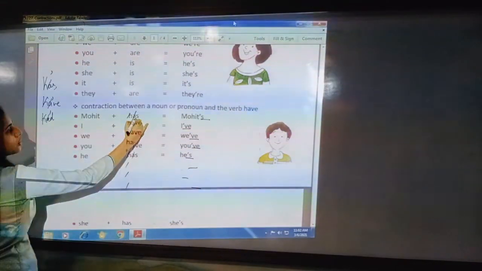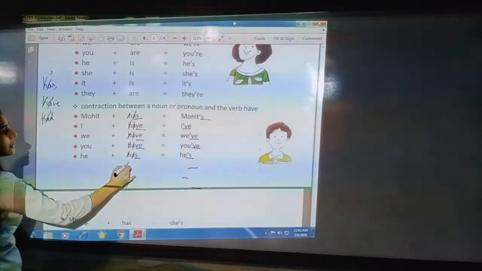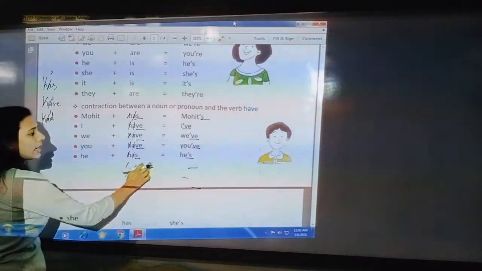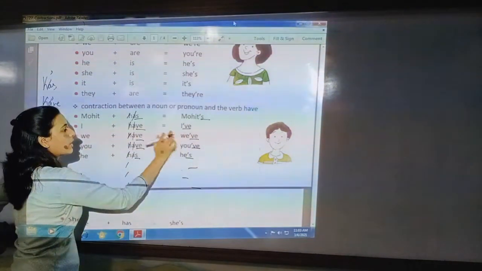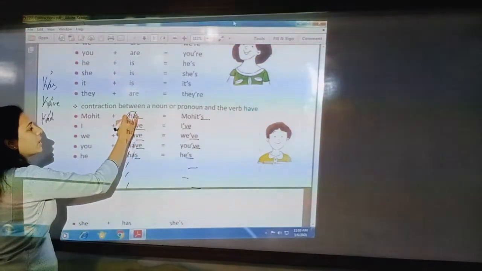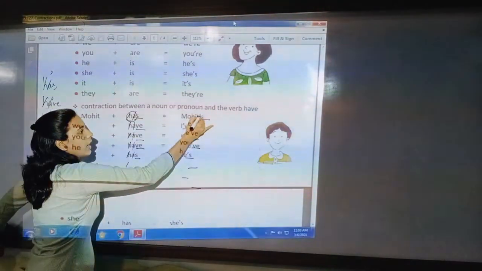Here you can see only S is there. VE, VE, VES. That is same written here. Before that, where we have eliminated two letters, there we will put apostrophe.